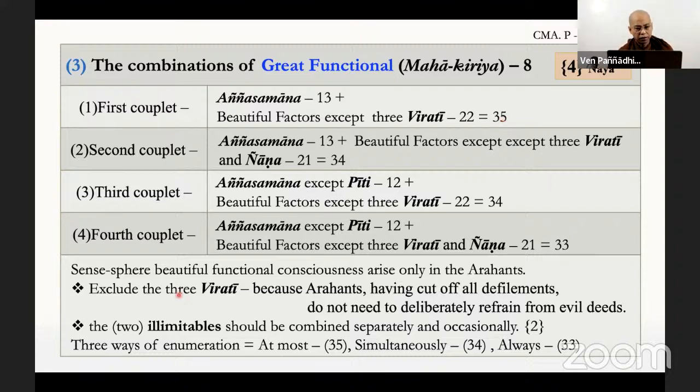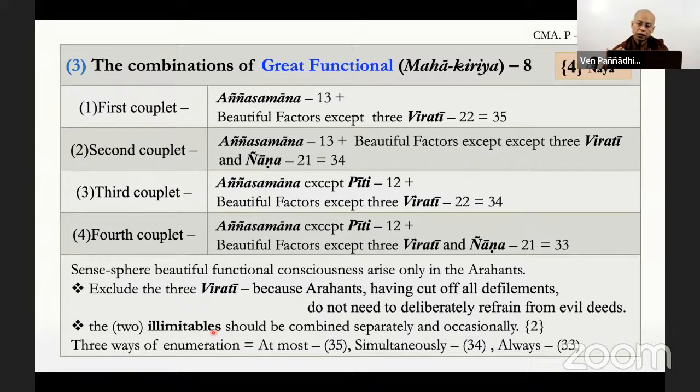So let's consider the reason why Virati is excluded. As I mentioned, the Arahat, having cut off all defilements, does not need to deliberately refrain from evil deeds. So there's no performance of Virati in the Arahat's mind. This becomes an exception. The illimitables are combined separately and occasionally. This makes the variation for the illimitables.